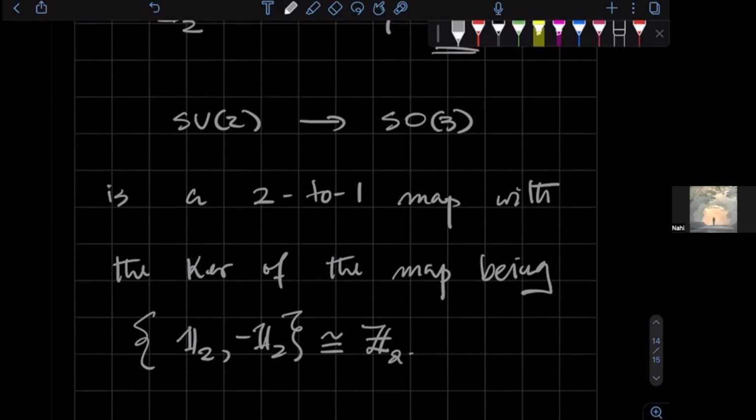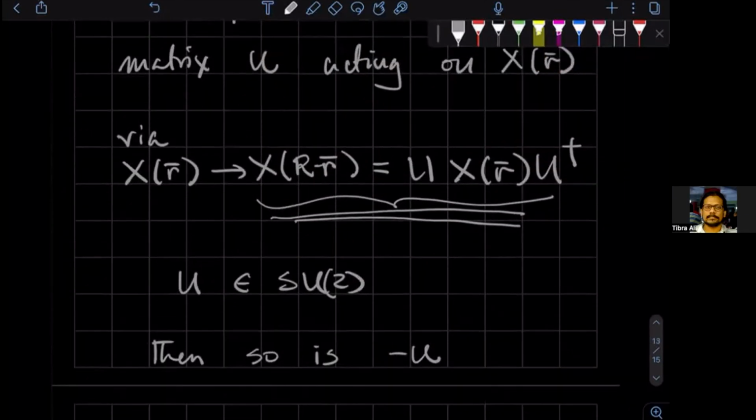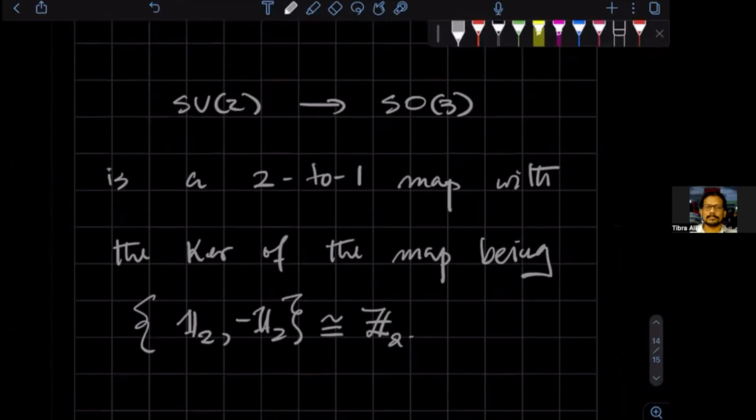Sir, could you please re-explain the 2-to-1-ness of this map? Yeah. If you replace U by -U, the left-hand side doesn't change. Oh, okay. So it's a 2-to-1 map where the kernel is the group Z2.